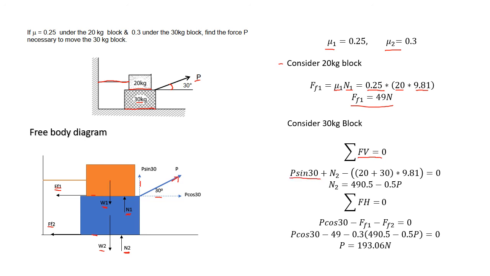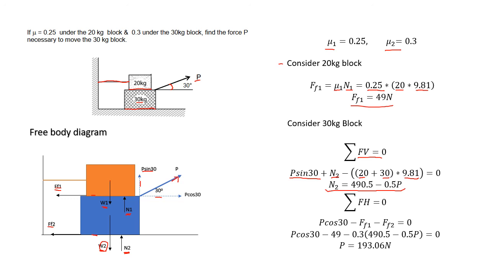We have here P sine 30, which is the vertical component of the force pulling, and N2, the normal force of the ground pushing up against the combined body, minus W2 here, which is the combined weight of 20 and 30 together, times the gravitational acceleration, and all that simplifies to N2 equals 490.5 minus 0.5 P. And that's all we can do for that.